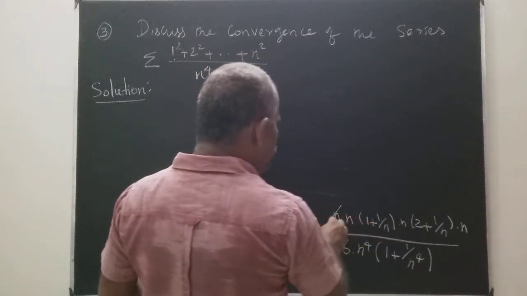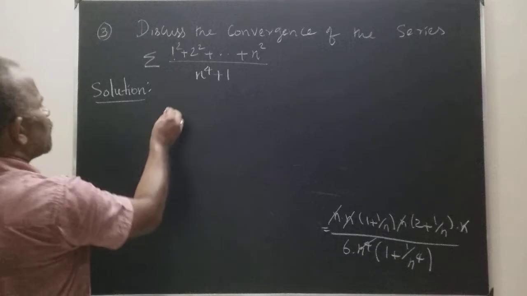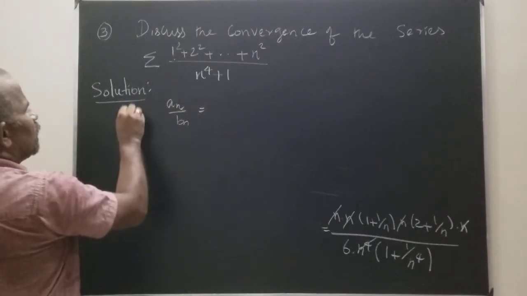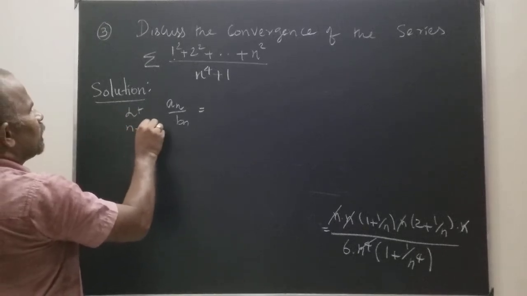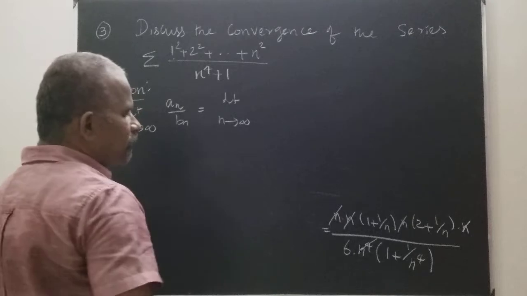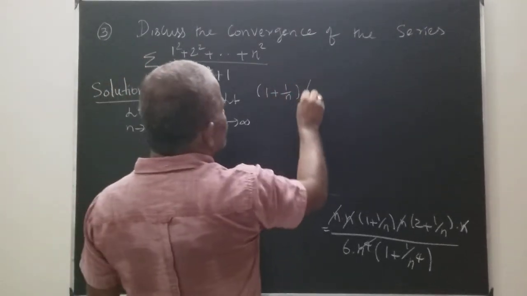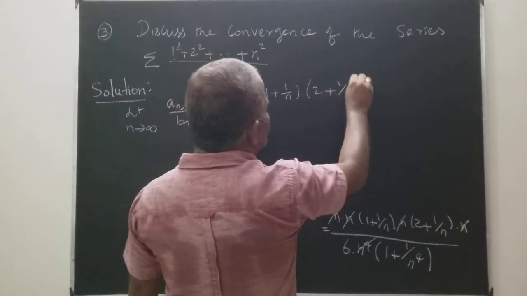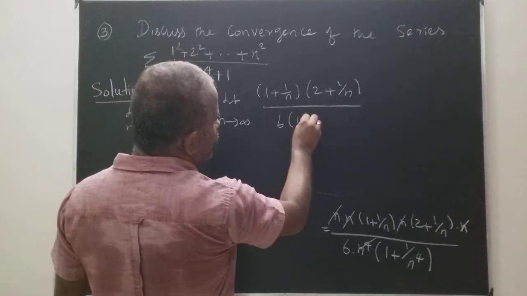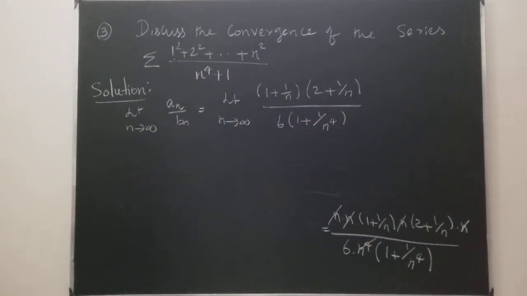So n power 4 is here, n power 4 cancel. So therefore an by bn is equal to the limit as n tends to infinity of (1 plus 1 by n) into (2 plus 1 by n) divided by 6 times (1 plus 1 by n power 4).